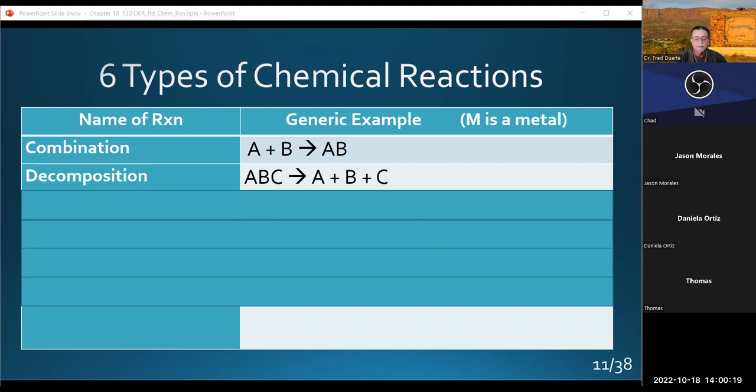A good example of the first one, and I won't balance them: if you take hydrogen plus oxygen, 2 elements, you create a new compound, which is water. A good example of the decomposition reaction is you can take water and undergo electrolysis, and you can break it down again back to the elements hydrogen and oxygen. This should be an arrow here.